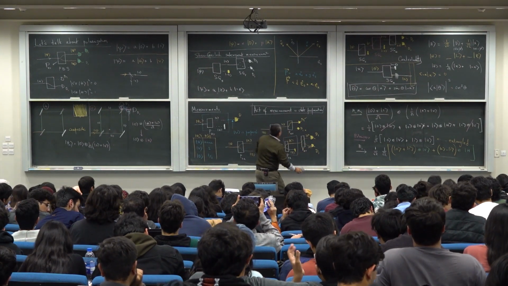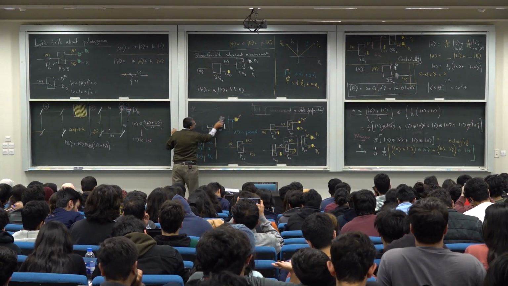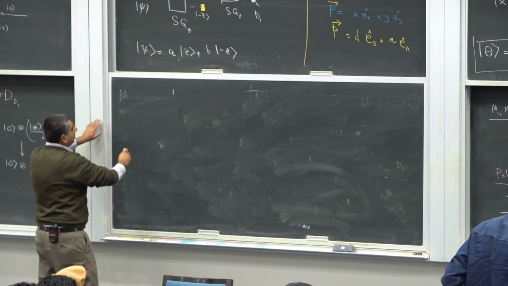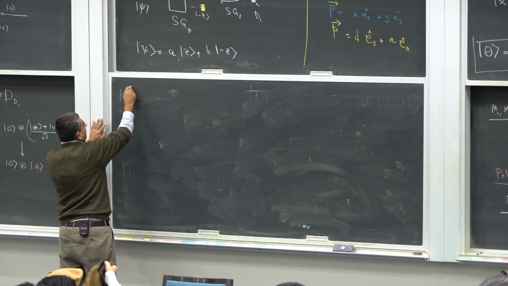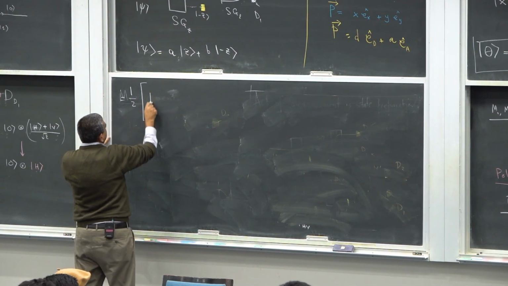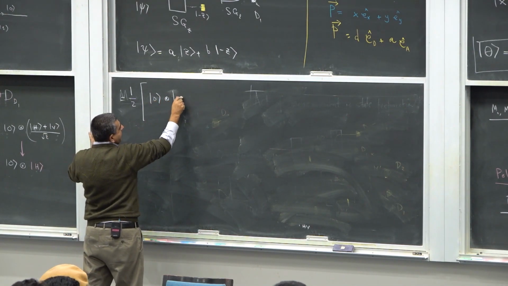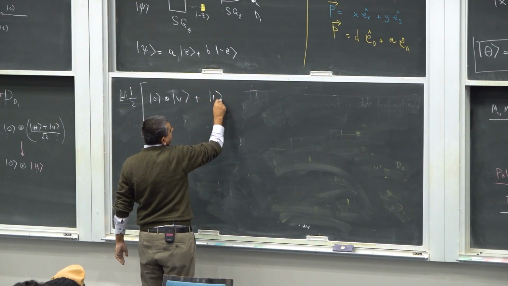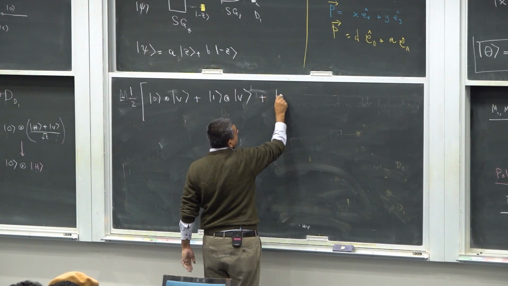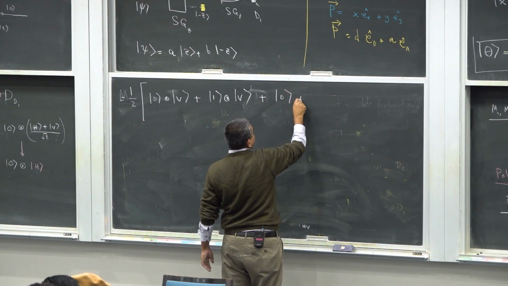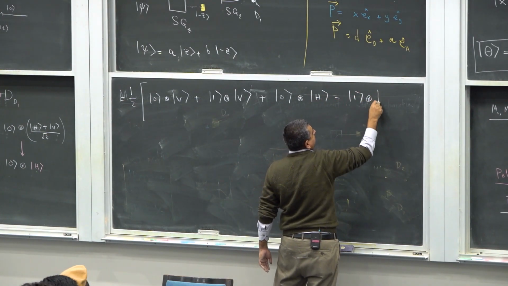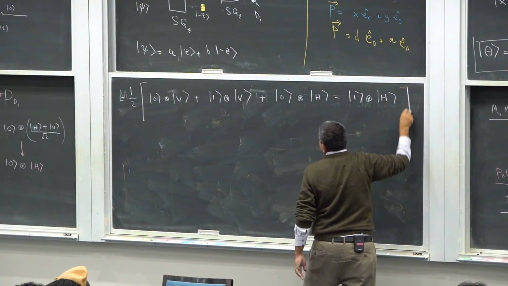So this state over here, let's expand this state. Let's expand this. Can you help me please? 1/2 0 cross V plus 1 crossed with V plus 0 H. Is this normalized?